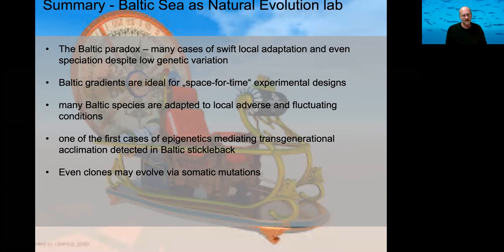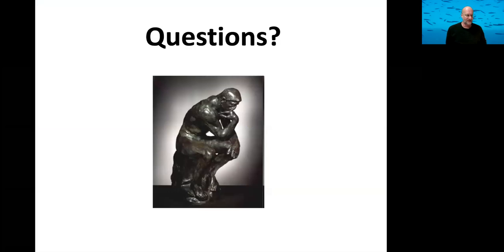They may actually be not as genetically dead-endish as people always think, but they may be able to evolve through somatic mutations. And with this, I'm at my end. I will be ending the presentation.